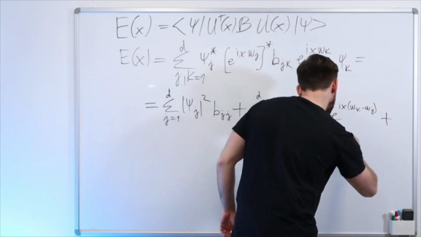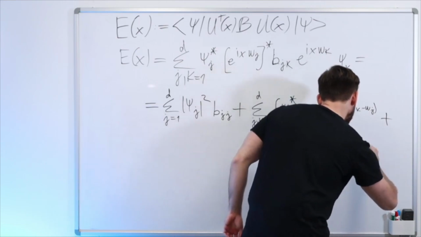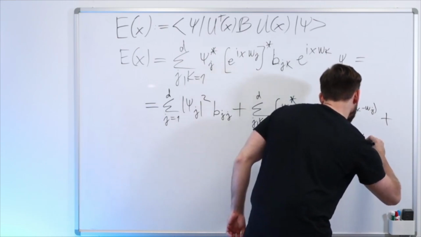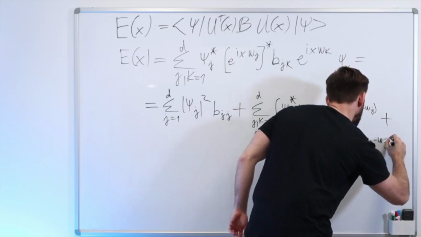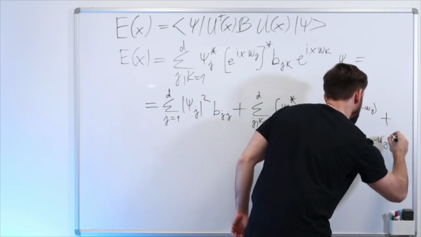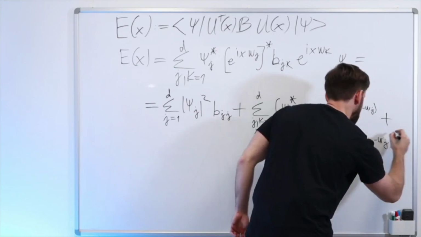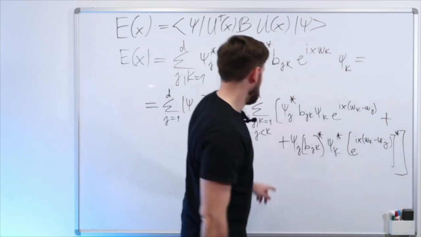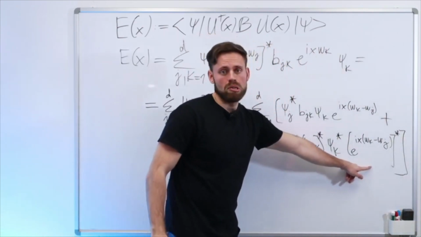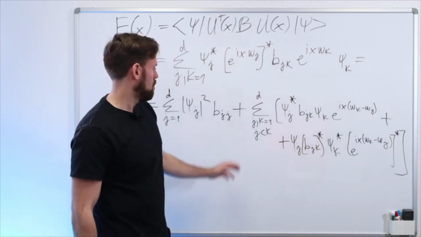Psi k conjugate e to the power of ix(omega k minus omega j). This exponentiation is conjugated, and this is going to be the second summand in this summation.